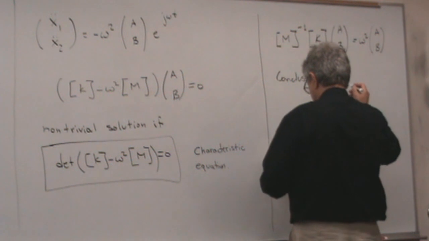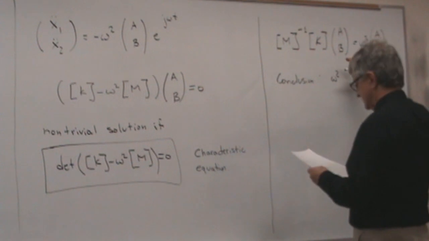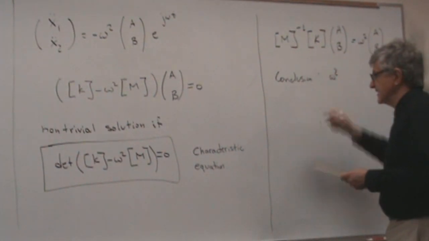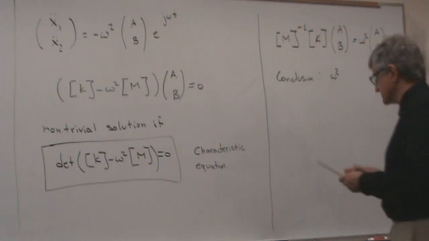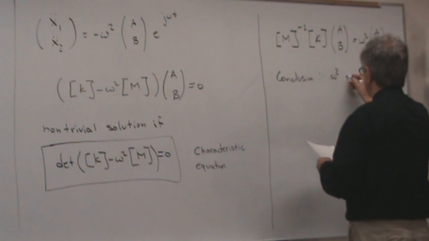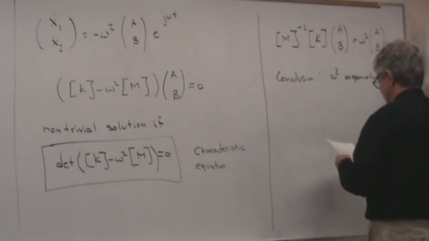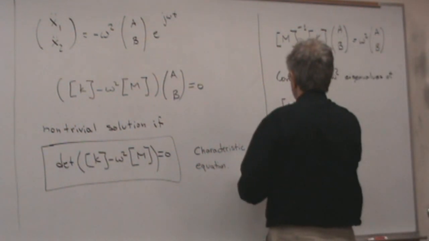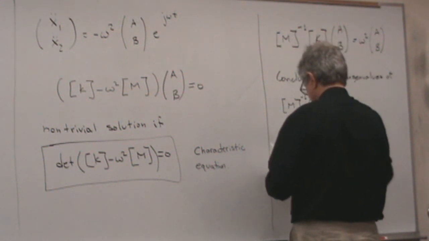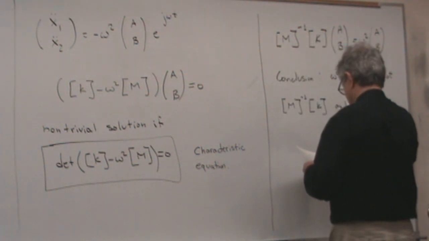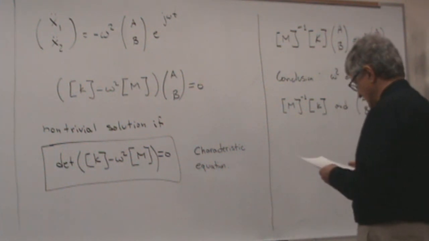Omega squared is an eigenvalue of this matrix. Now, because we have 2 by 2 matrices, we have 2 eigenvalues. So omega squared are eigenvalues of matrix M to the minus 1 times K, and AB, this vector, contains the eigenvectors.